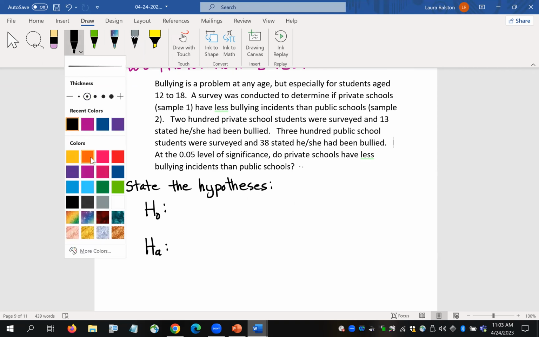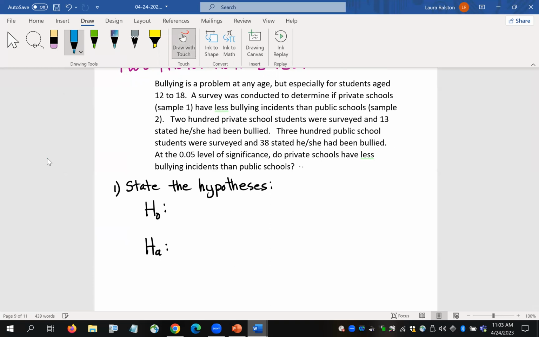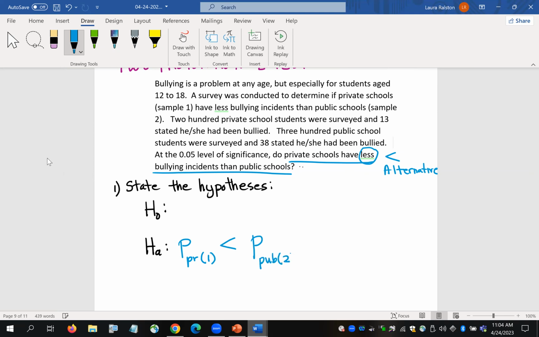Scanning back through this problem, it says, do private schools have less bullying incidents than public? The word less makes me think of the less than symbol, which makes this statement the alternative. So we have the proportion of private, which they're calling number 1, is less than the proportion for public, and that's going to be sample 2.